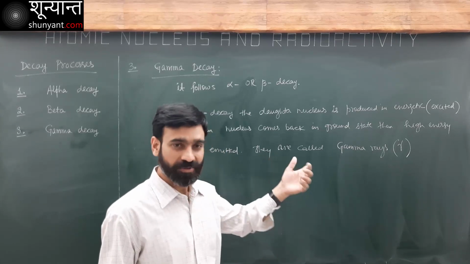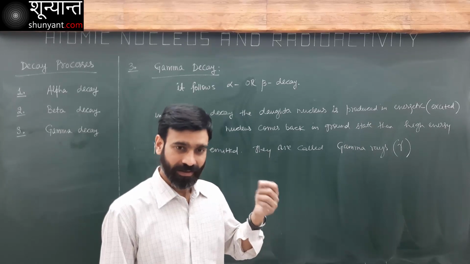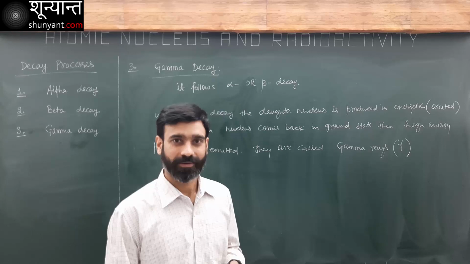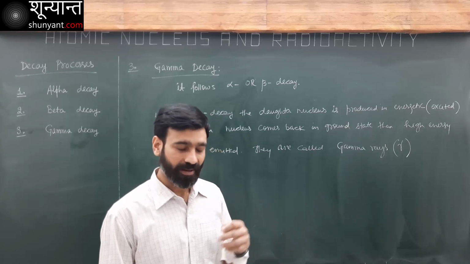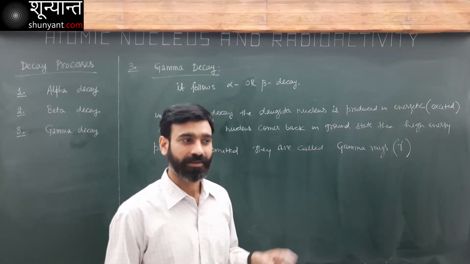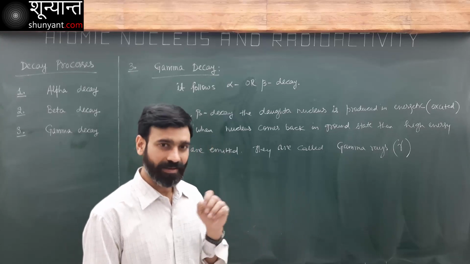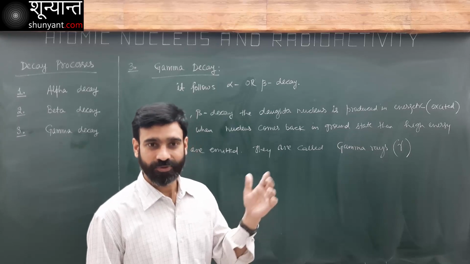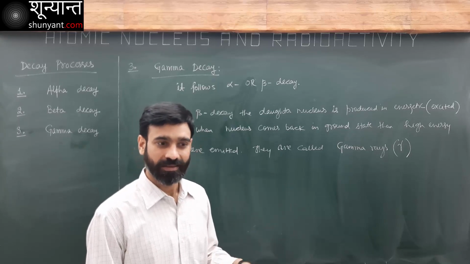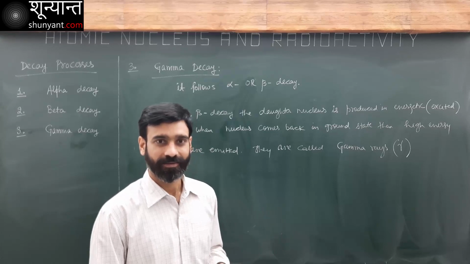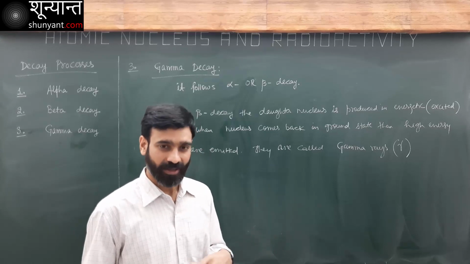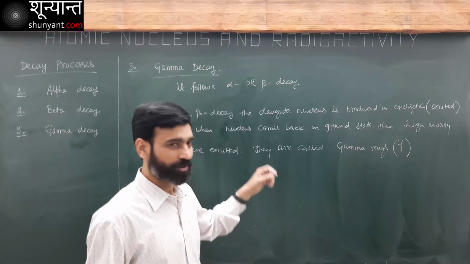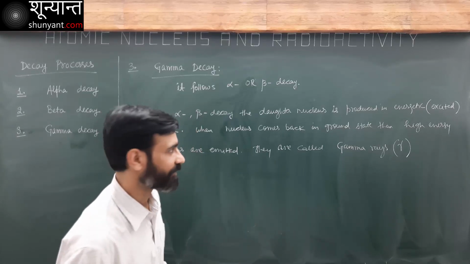So these photons which are emitted have energy of the order of mega electron volt, and they are known as gamma rays. Gamma rays are highly energetic photons. They are also EM waves, but highly energetic. They have energy even higher than X-rays, even hard X-rays. The energy of gamma rays will be thousands of times more than the energy of even the hardest X-ray. They are of the order of million electron volt, mega electron volt.